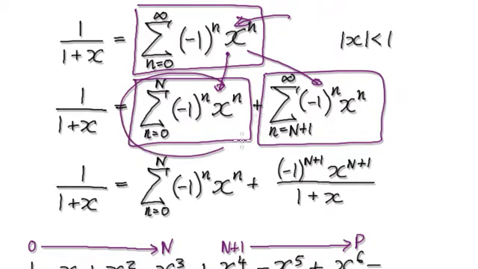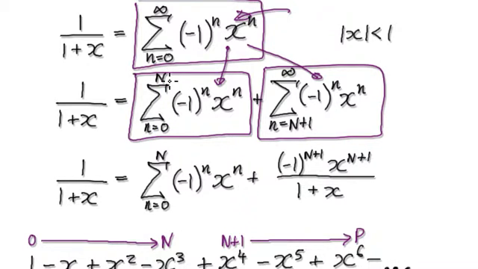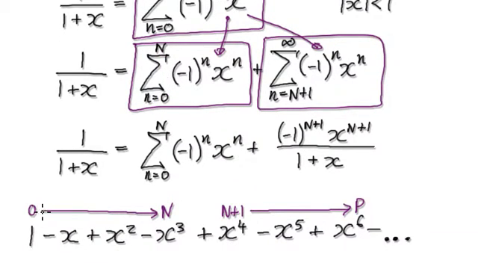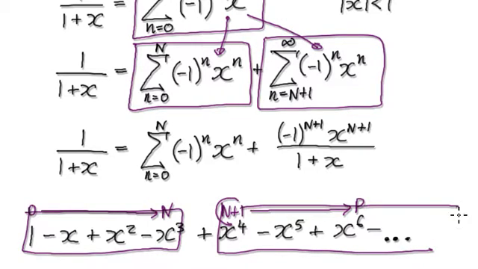So now this thing here, we're summing up from 0 to some arbitrary n. So that's this block here. And then for this block here, we are summing up from n plus 1 all the way to infinity.